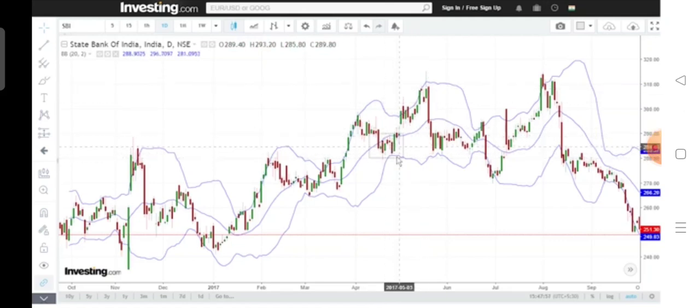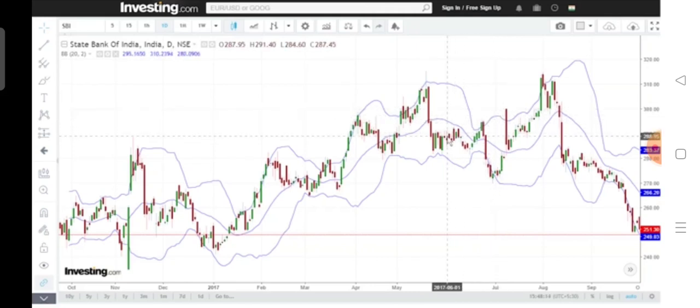Here you can again see a consolidation and breakout. Again the price came back and took support initially, and then gave a rally, not a small one, a 4-5% kind of a rally.